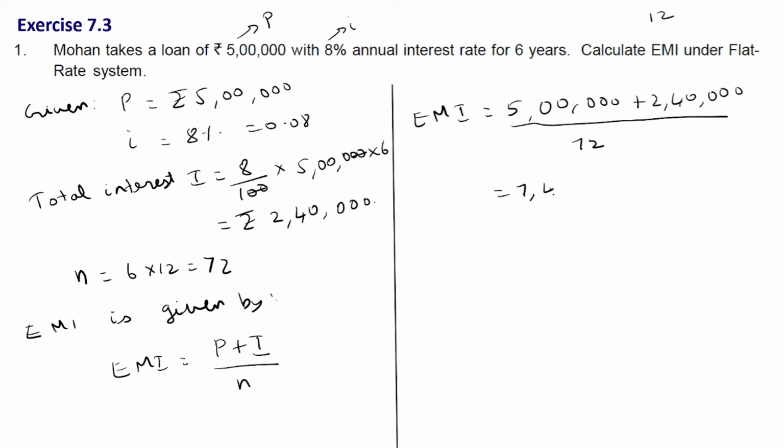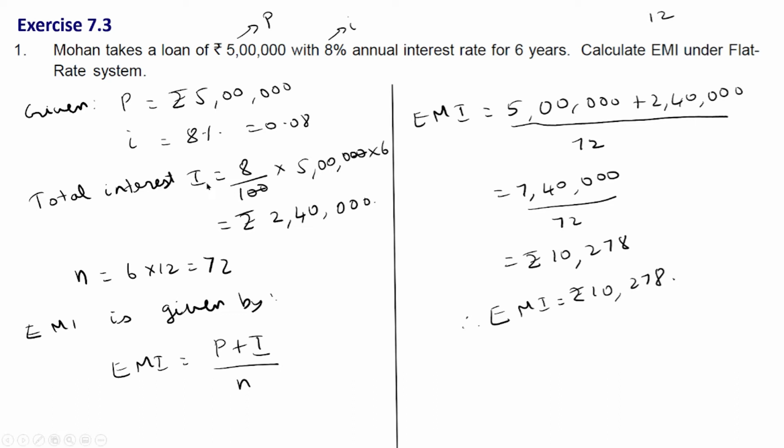So this is 7,40,000 upon 72. So it is rupees 10,278 approximately. Therefore, EMI is equal to rupees 10,278. So for a loan of rupees 5 lakhs with 8% annual interest rate for 6 years, the EMI under flat rate system is rupees 10,278.